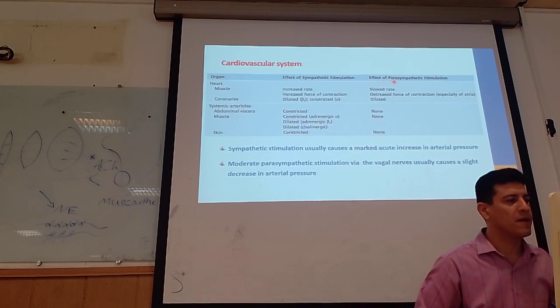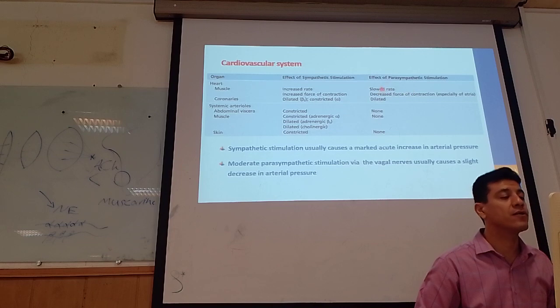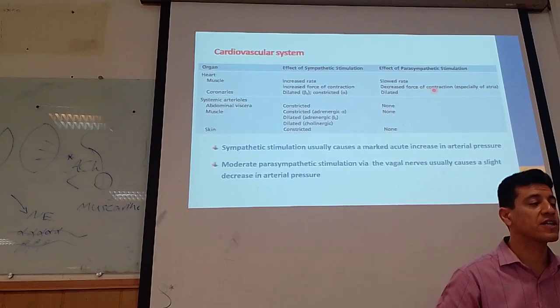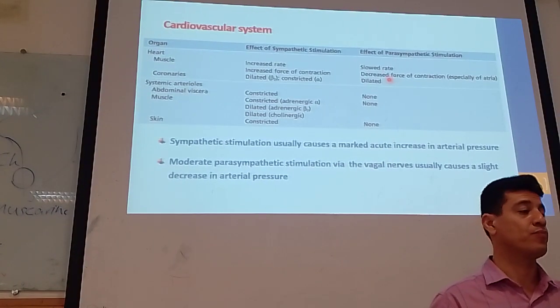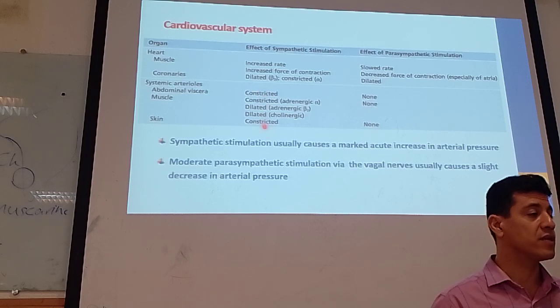Okay? But parasympathetic stimulation causes decreased rate of heart beating, decreased force of contraction, and dilation of the coronary arteries. So, arterioles, blood vessels in the body, in the abdomen, in the muscle, in the skin, are mainly constricted by sympathetic innervation, but parasympathetic stimulation doesn't have any effect.